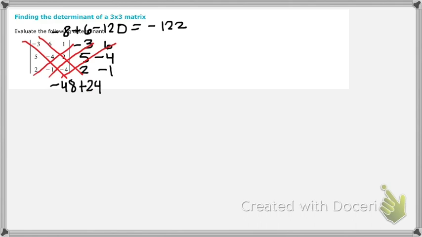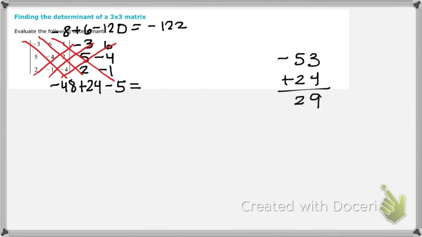And down on the final diagonal here, 1 times 5 times -1, that'll be -5. Then I'll evaluate all of that: -53 and +24. So that's -29.